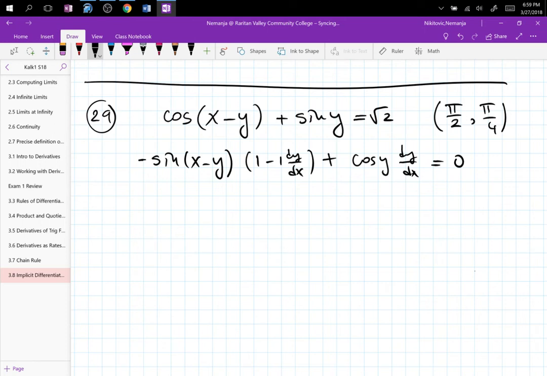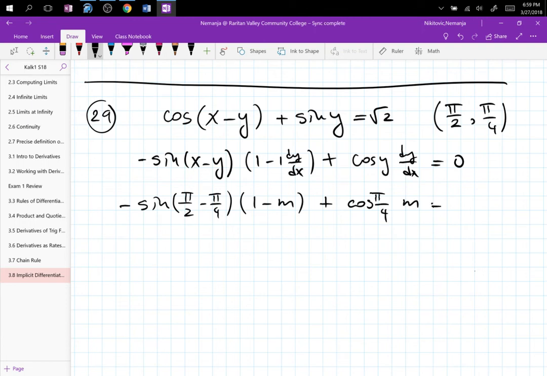Now we are going to use the same trick as earlier in the previous problem. I am not going to bother solving this for dy/dx. I am going to plug the numbers directly in here, replacing every dy/dx with m. So I have negative sine of (x minus y), that's pi over 2 minus pi over 4, times (1 minus m), plus cosine of pi over 4 times m equals 0.